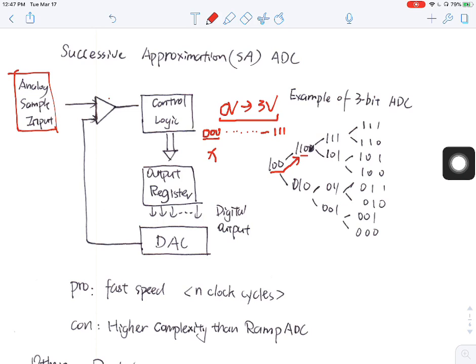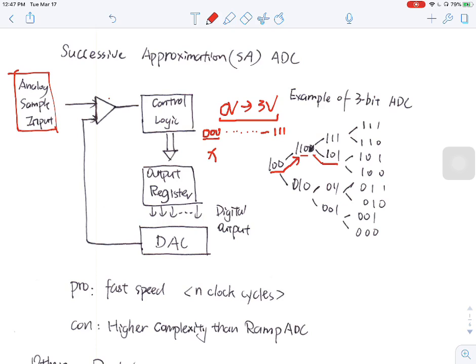If X is greater than 110, it will move on to 111. If it is smaller than 110, it will move on to 101. Let's assume in this case X is smaller than 110, so it will move on to this branch.